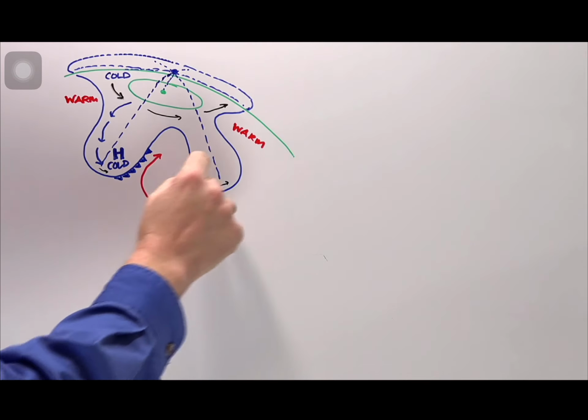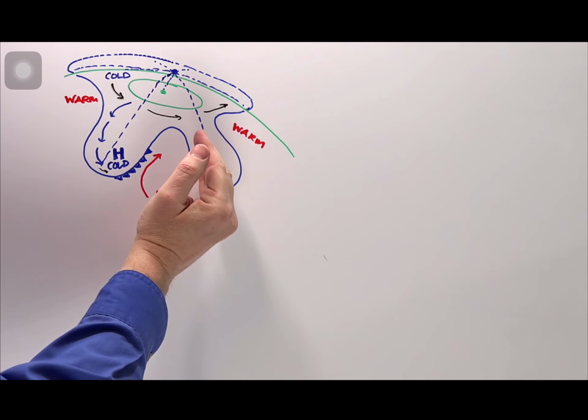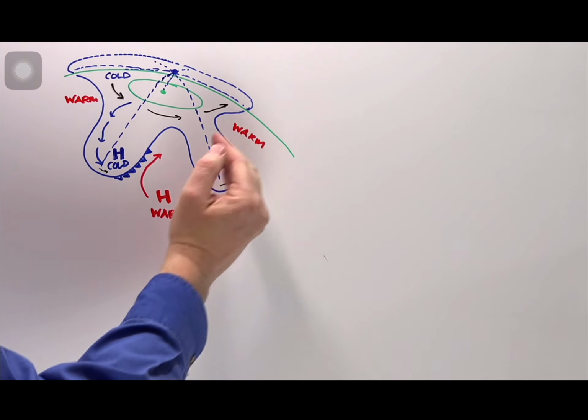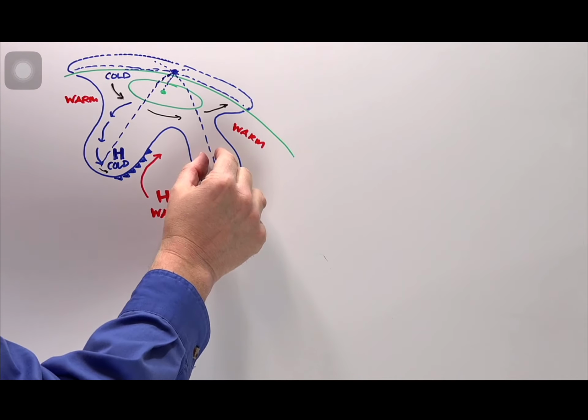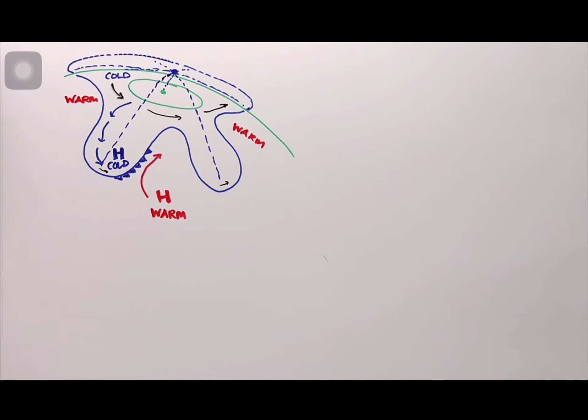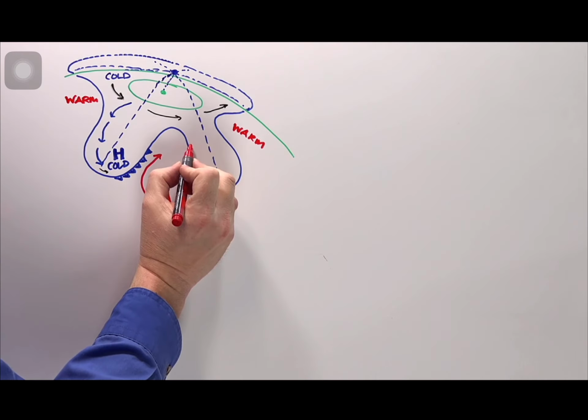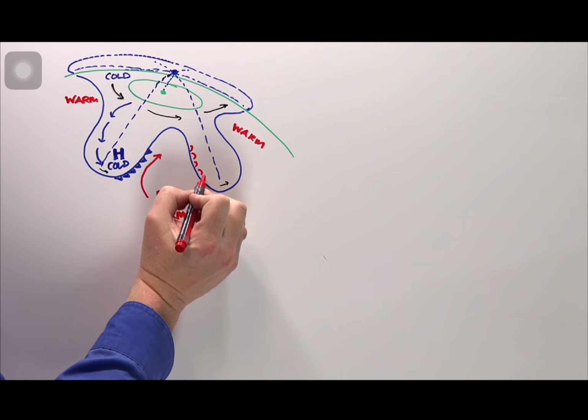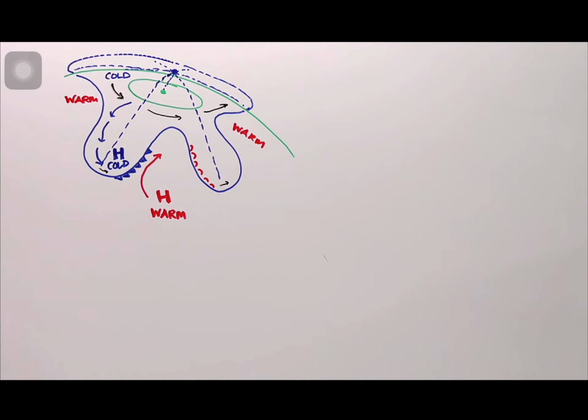Now, conversely, over on this side, this cold air is also moving forward. So here, this cold air is retreating from this spot on the Earth. As a result, we could maybe say that perhaps a warm front starts to develop in here. Depends on whether it starts to move or not.